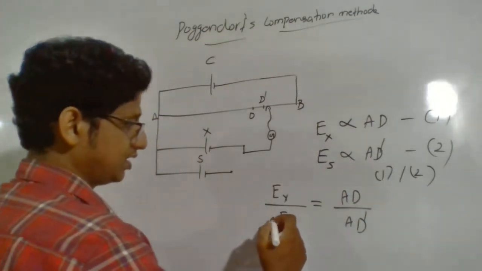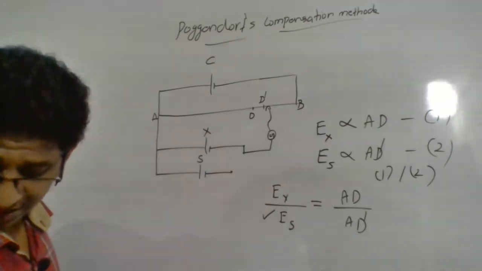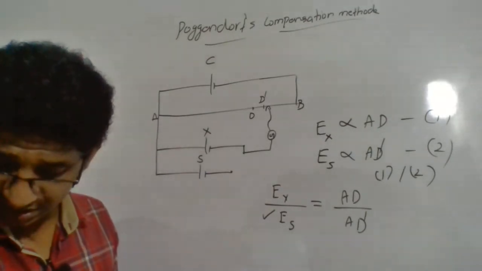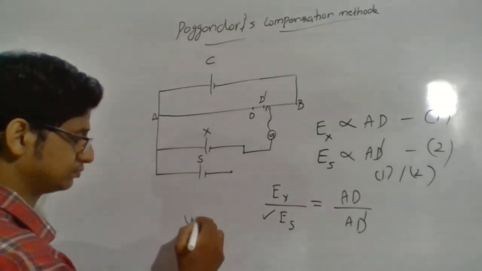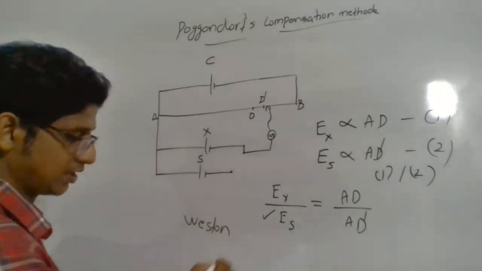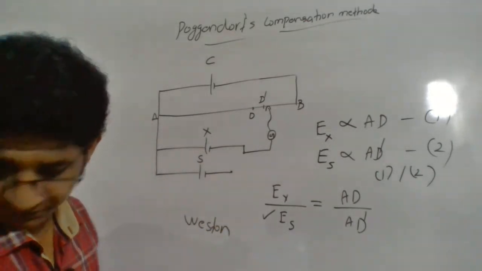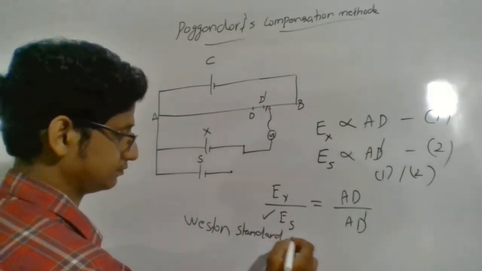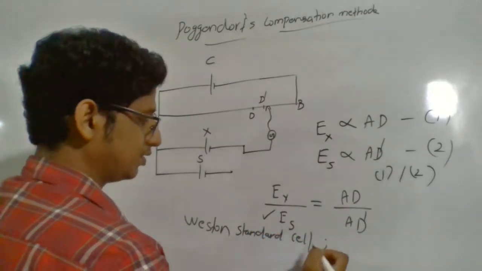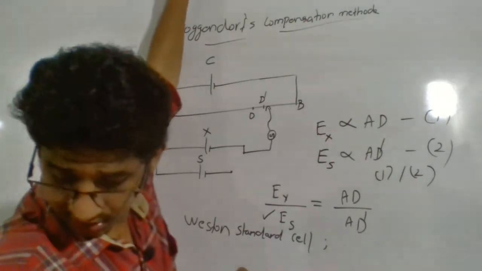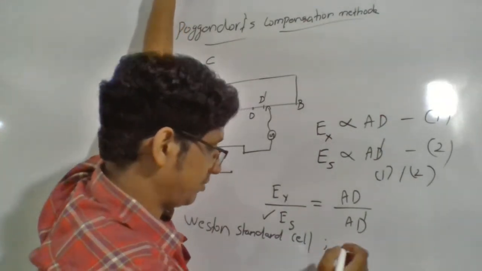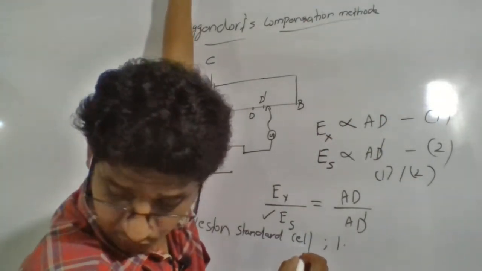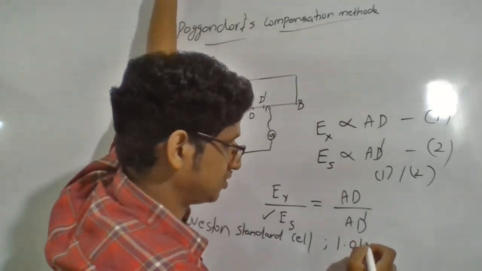This is the EMF of the standard cell, where generally the Weston standard cell is used, having an EMF of 1.018 volt.